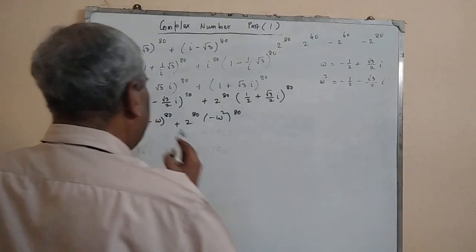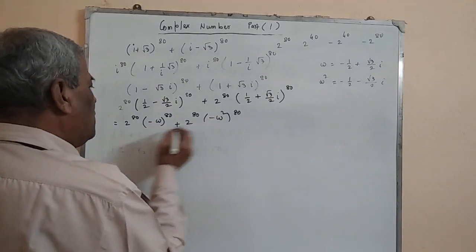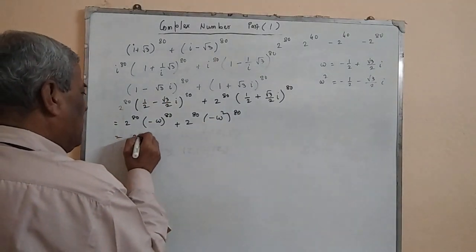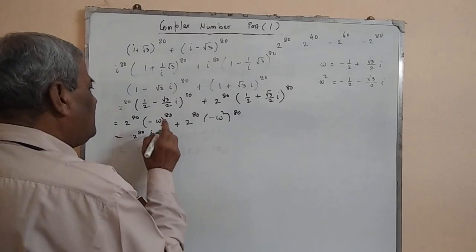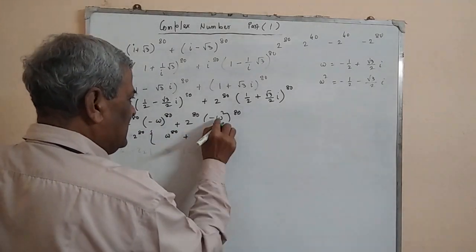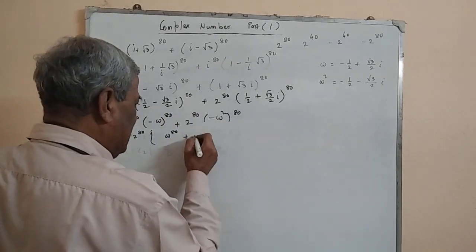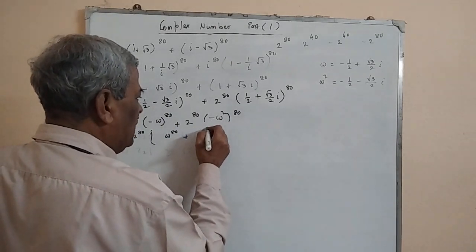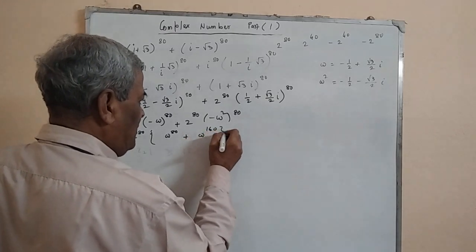It becomes positive, this also becomes positive. So taking 2 to the power 80 common, omega to the power 80 plus omega square to the power 80, that is omega to the power 160.